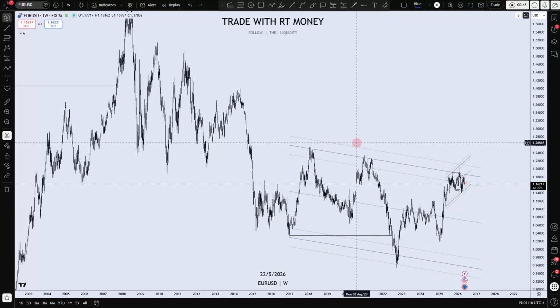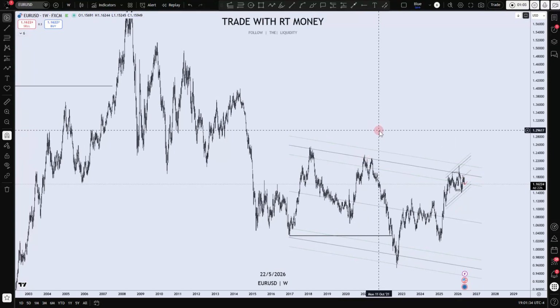That's the potential for FOMC, CPI, or any interest rate decision for any country. Non-farm payroll, NFP, is like that as well. So you want to be careful when you're trading on those days.